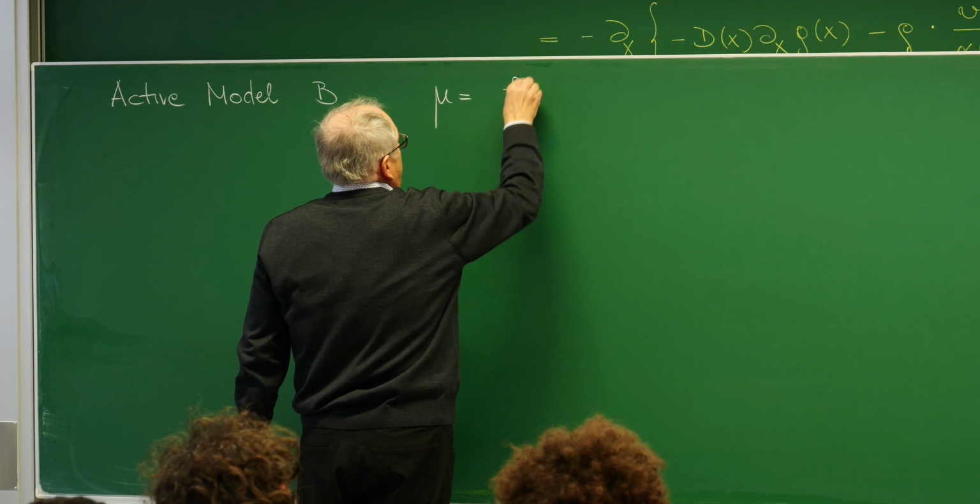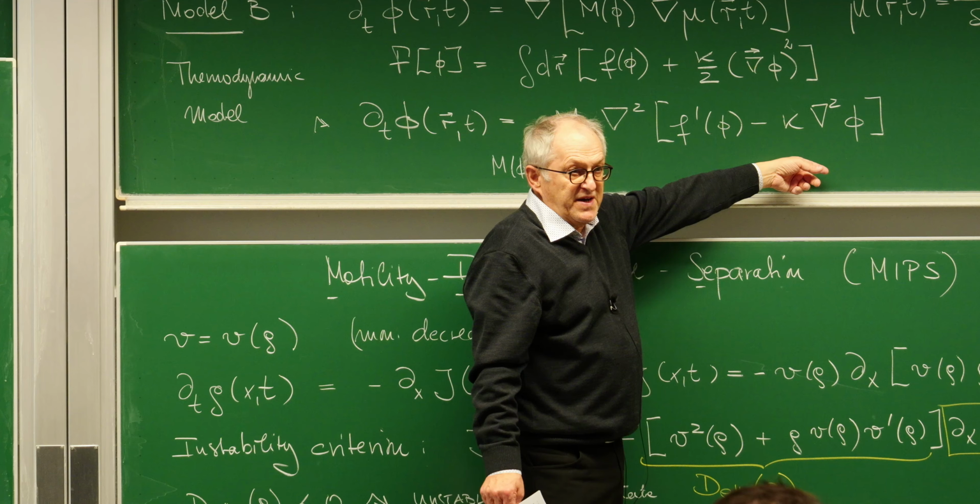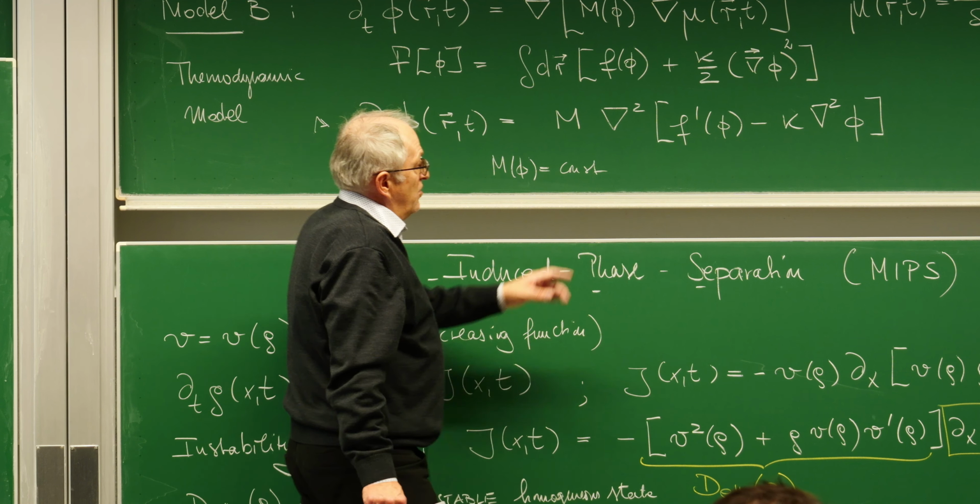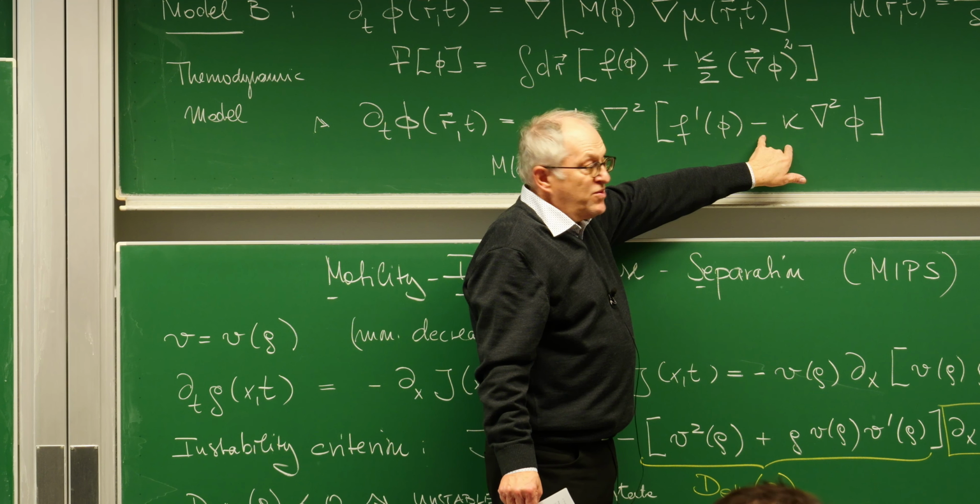How did we get that? You go from here to there by taking a functional derivative. The f prime is just the derivative because that's the local part. This term here comes from the second term in the Euler-Lagrange equation, where you take a derivative with respect to gradient phi, and then you take another gradient of that. Okay? So if you think this backward, there's a one-to-one relation between this and that term. They imply each other. You can go backward and come up with that term given such a gradient.